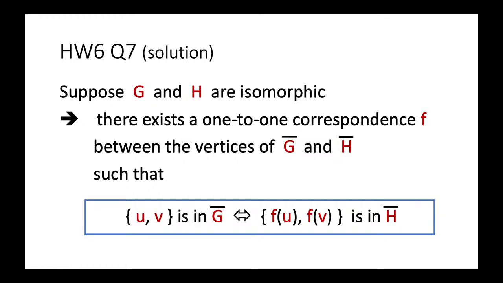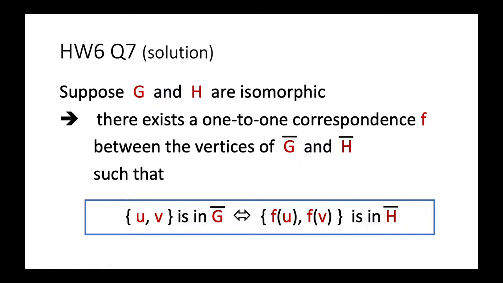So using the same correspondence F, it gives us a correspondence between the vertices of G bar and H bar, such that UV is in G bar if and only if F(U)F(V) is in H bar. Then this tells us that G bar and H bar are isomorphic. So this is the solution of question 7.